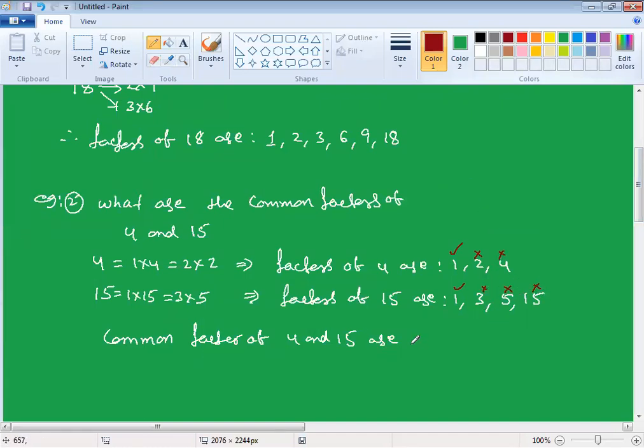Only 1 is the common factor. So how many common factors do we have here? Only one.